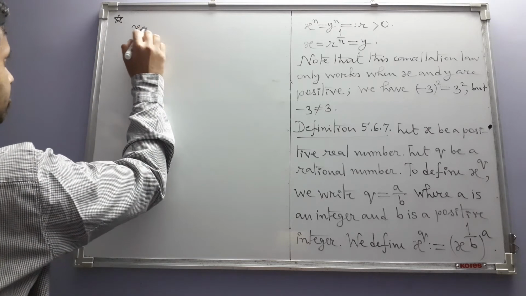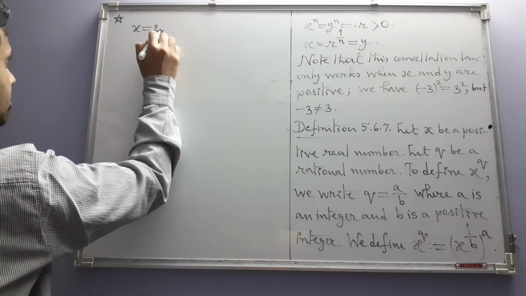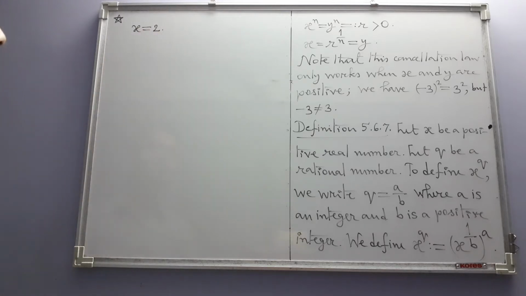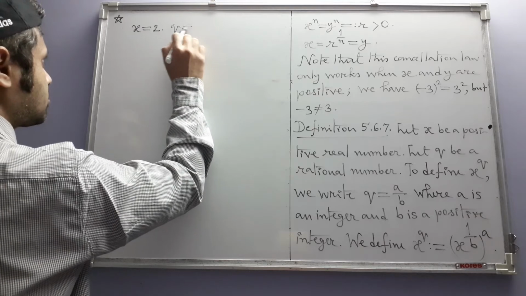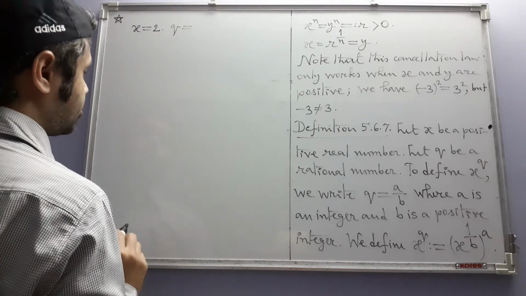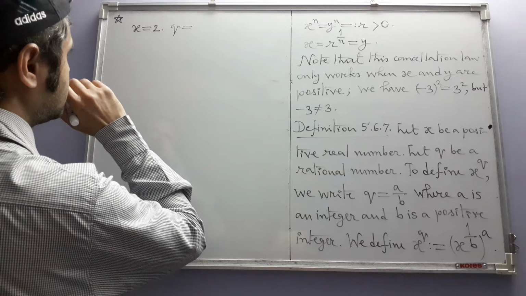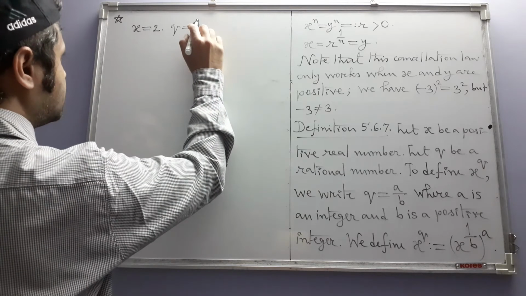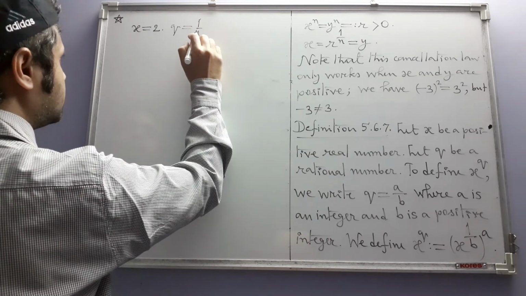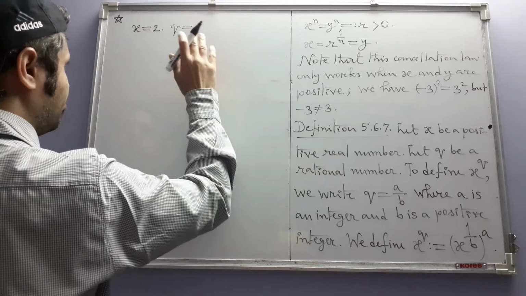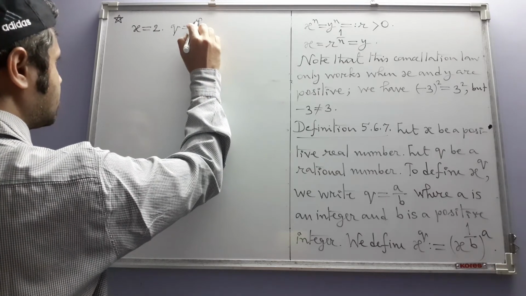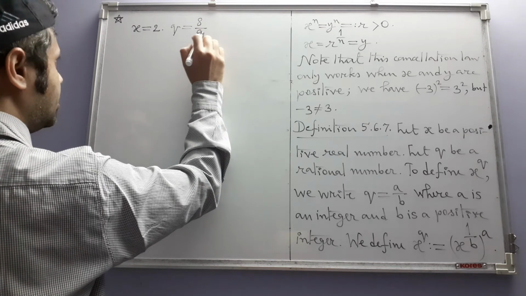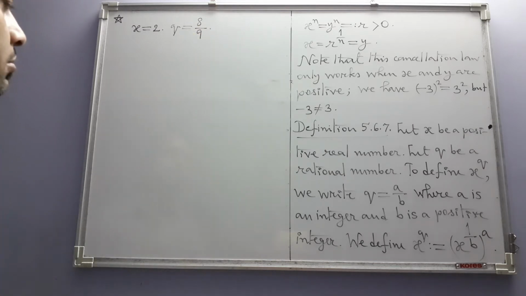Say, for simplicity, x equal to 2, and let our rational number be, to make it non-trivial, 8 divided by 9. So that's a rational number.